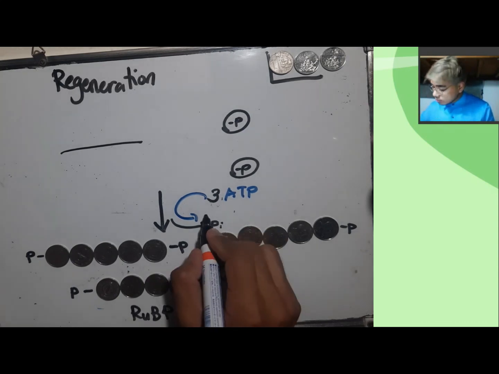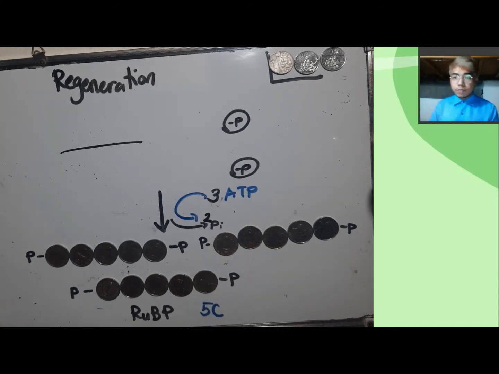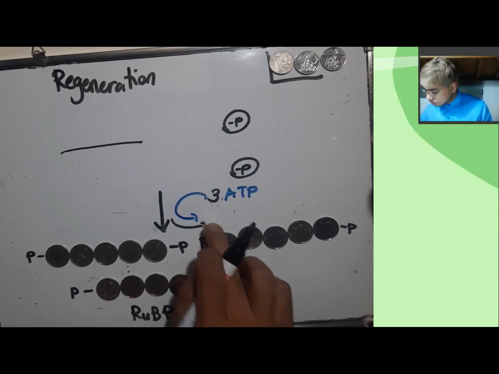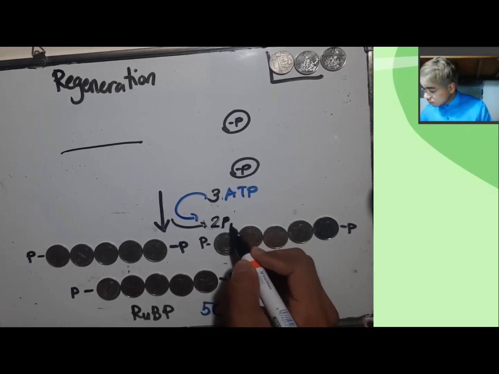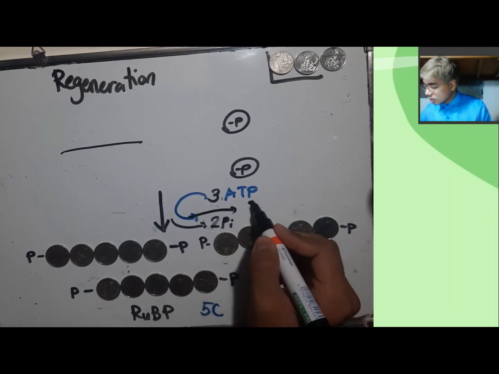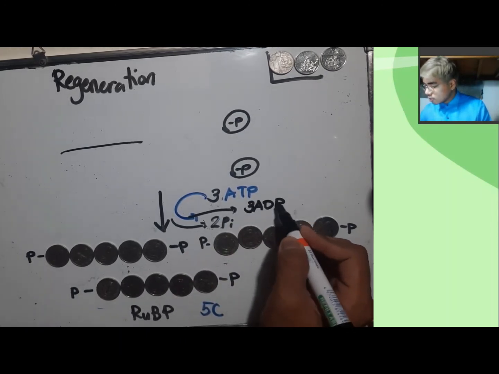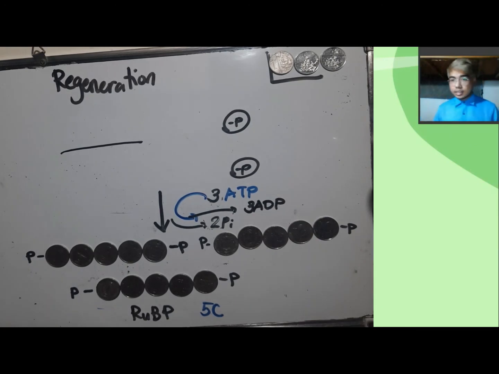We released 2 free phosphates, and 3 adenosine diphosphate will simply be created. In the end, we created how many RuBPs? We created 3 RuBPs. And if you can still recall, how many RuBPs did we utilize at the start of the cycle? We utilized also 3 RuBPs. Okay, so that's the thing when it comes to the Calvin cycle.